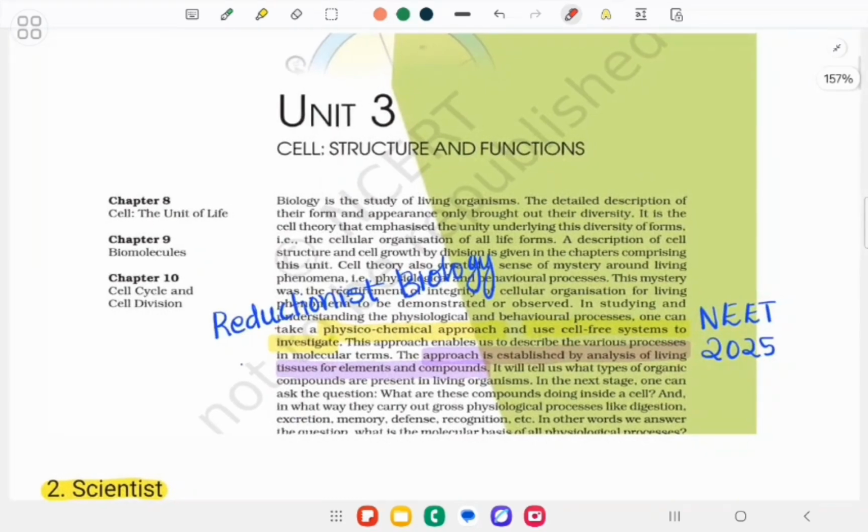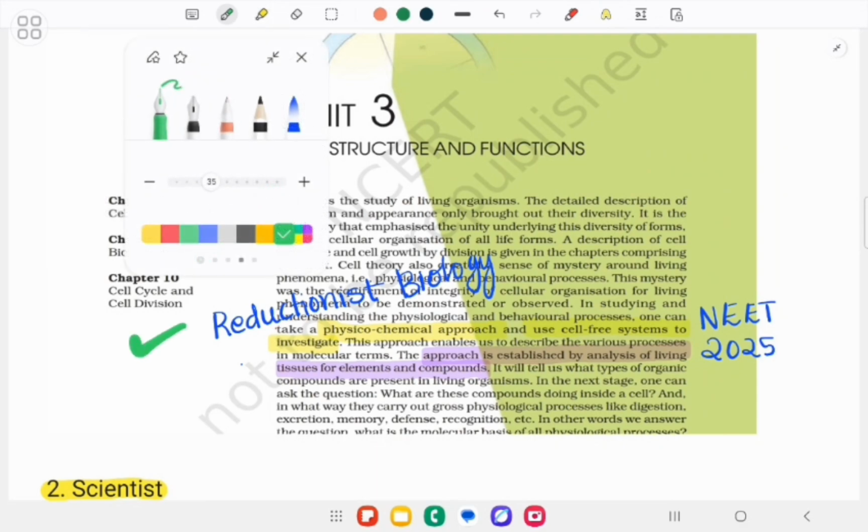Each group of chapters makes one unit, and each unit has unique features. For example, you can see here there are three chapters: Cell, the Unit of Life, Biomolecules, and Cell Cycle and Cell Division.